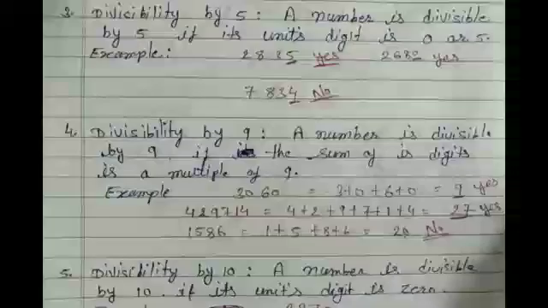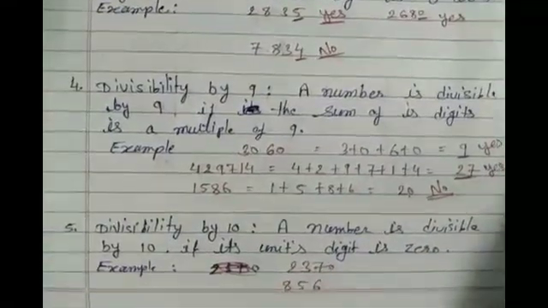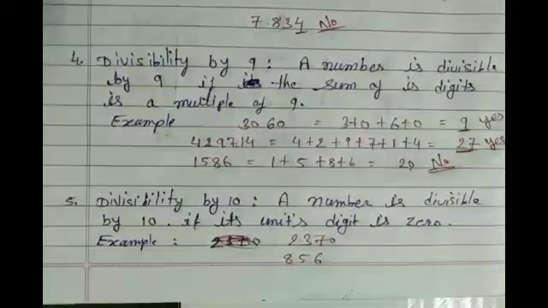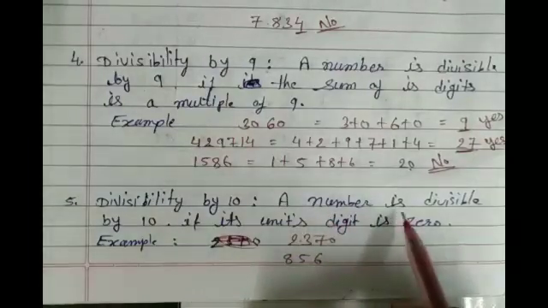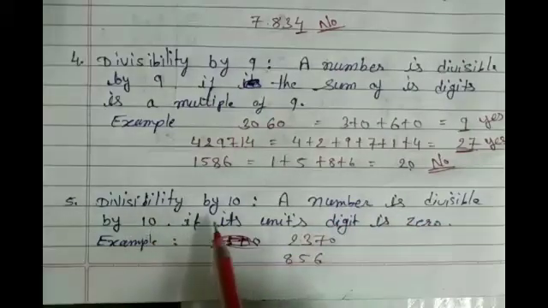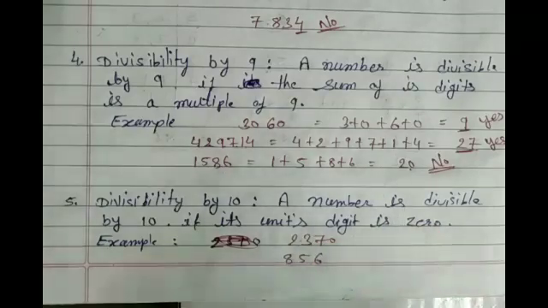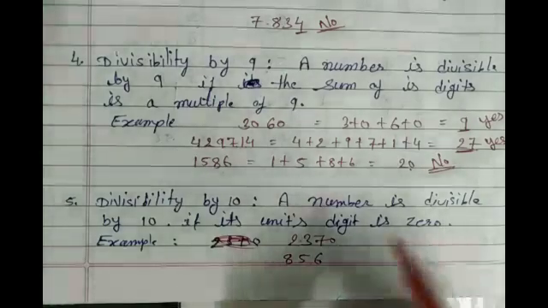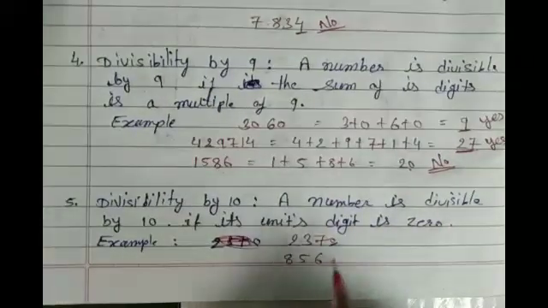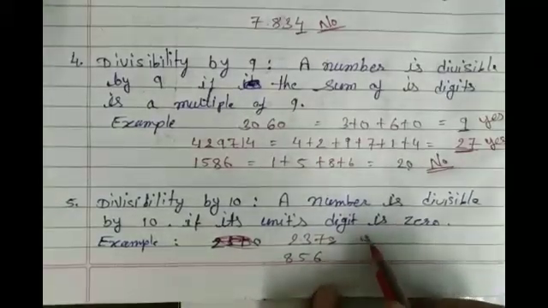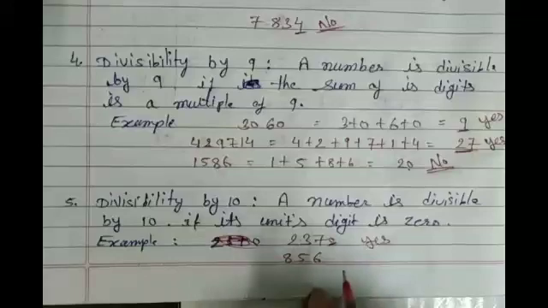The next is divisibility by 10. It is the simplest divisibility test. A number is divisible by 10 if its unit digit is 0. In the divisibility test of 10, we have to observe the unit place. If the unit place is 0, we can say yes, it is divisible by 10.